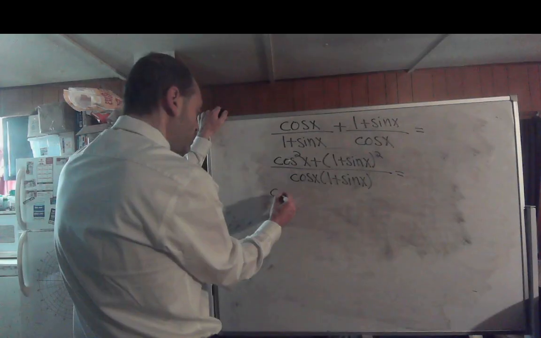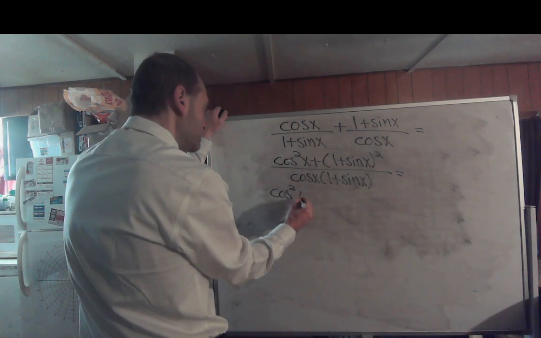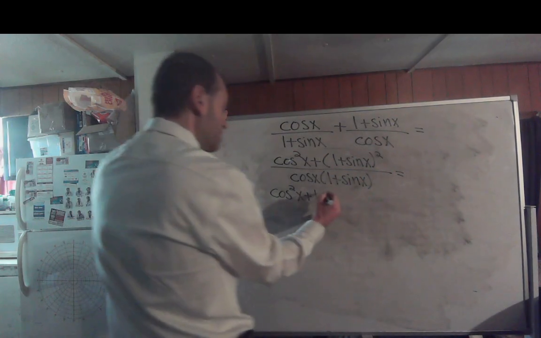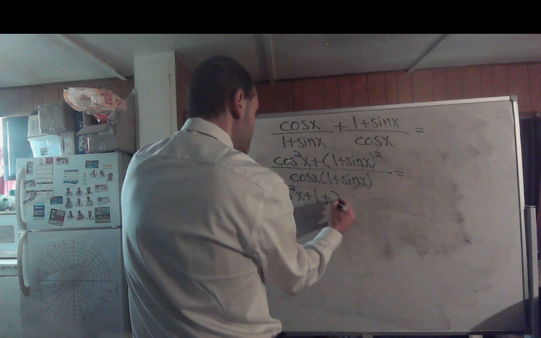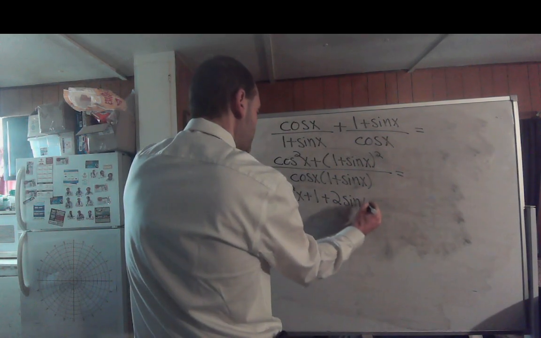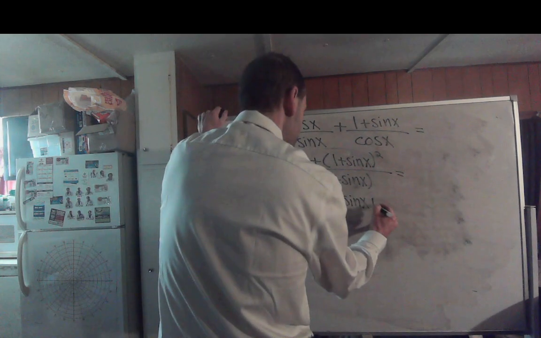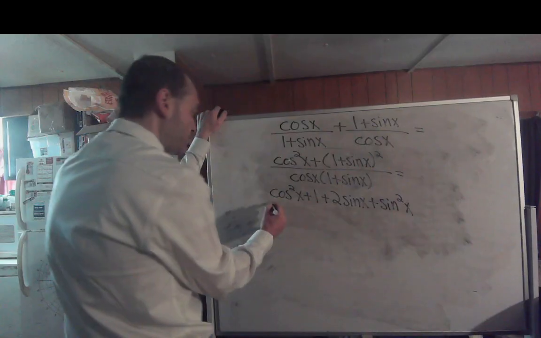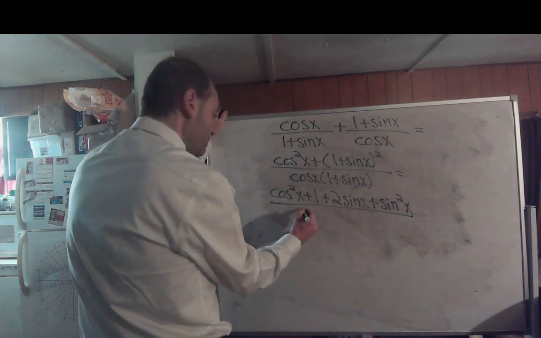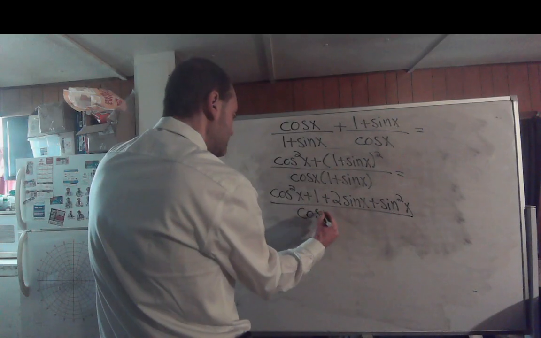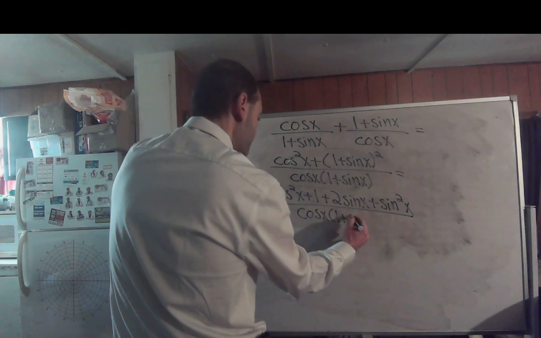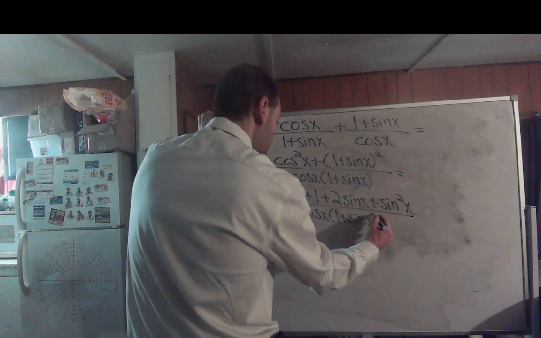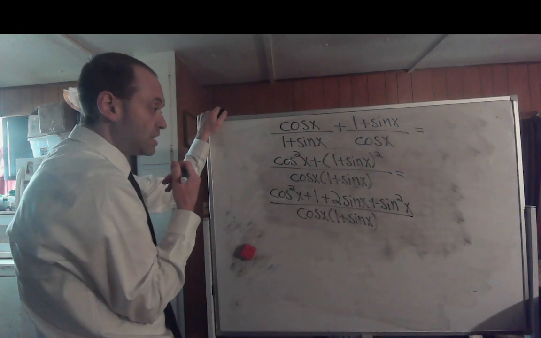Well, let's expand the numerator. So you'll have the cosine squared of x plus 1 plus 2 sine of x plus sine squared of x all over the cosine of x times 1 plus sine of x. All right, well, what is cosine squared plus sine squared?